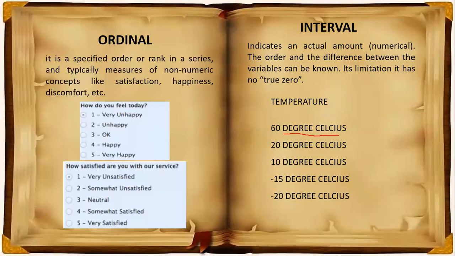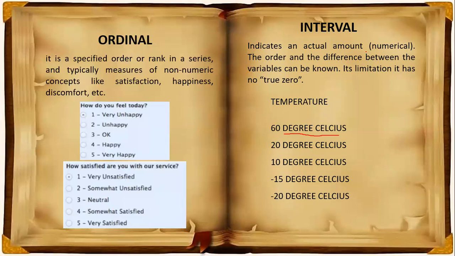Now, we have here the temperature. Okay. So for temperature, we have 60 degrees Celsius, 20 degrees Celsius, 10 degrees Celsius, negative 15 degrees Celsius, and negative 20 degrees Celsius. Now, based sa definition class, sa interval, it indicates an actual amount.